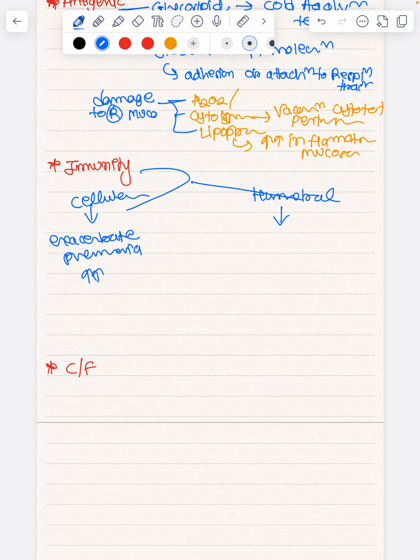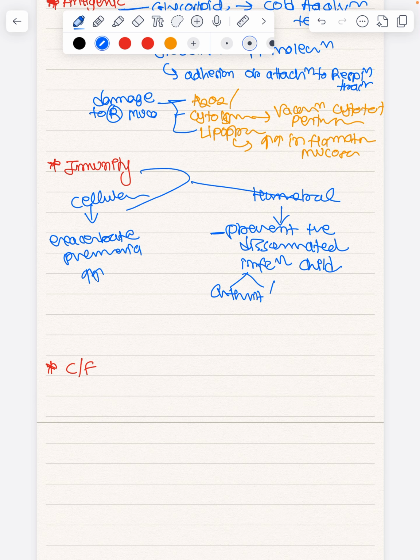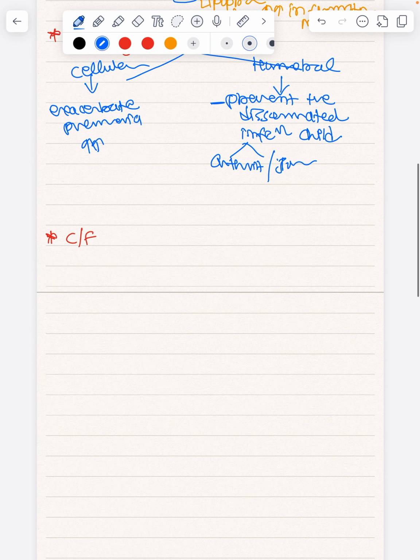But humoral immunity helps to prevent disseminated mycoplasma infection, particularly in the child, like arthritis or other joint infections or skin infections.